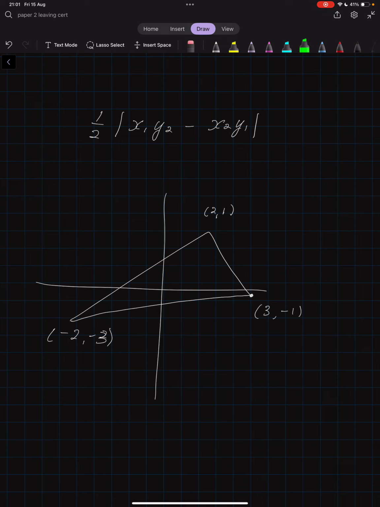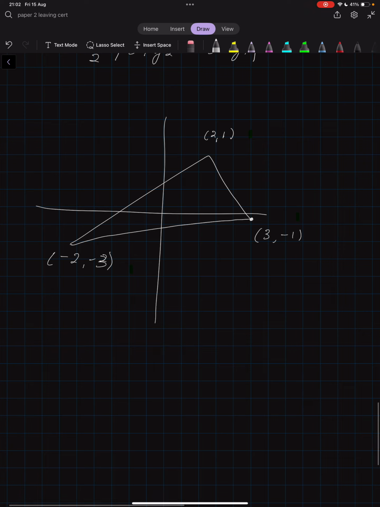That's 2 points. I have 3 points. What am I supposed to do? What you're supposed to do is make one of these points 0 by doing a translation. Basically you just drag one of them to 0, 0. So I'm going to drag this one to 0, 0.